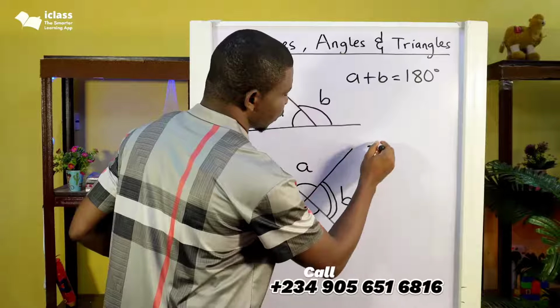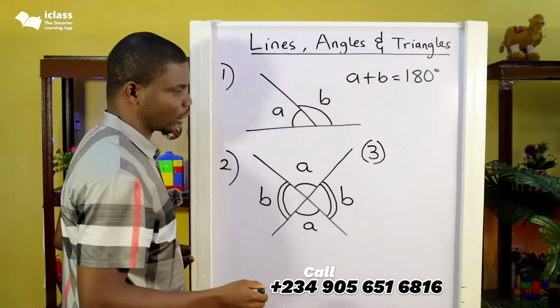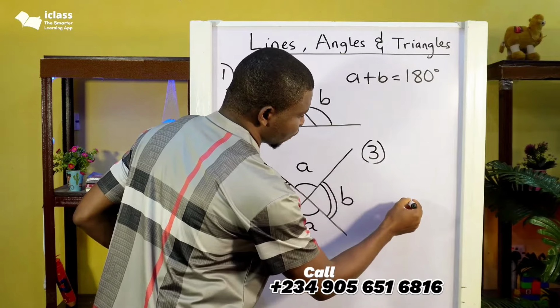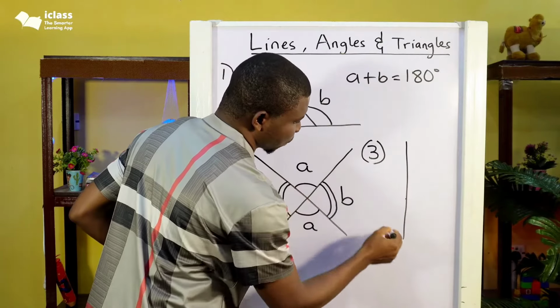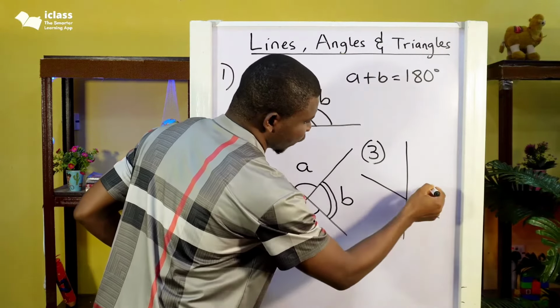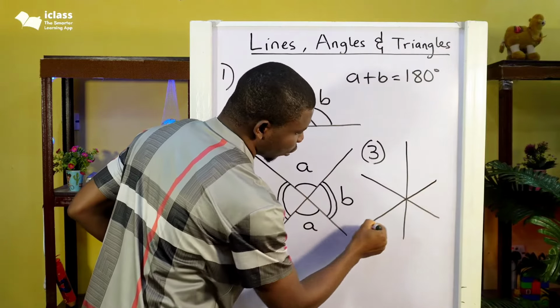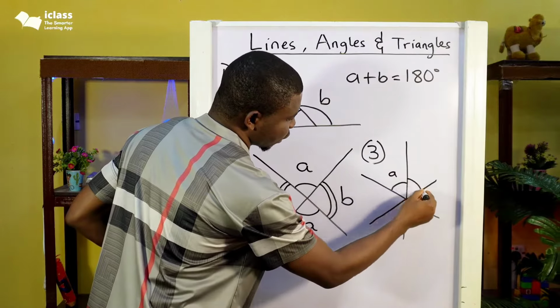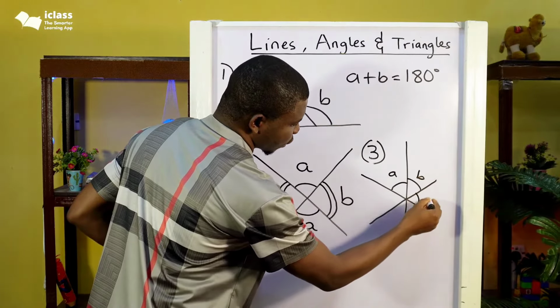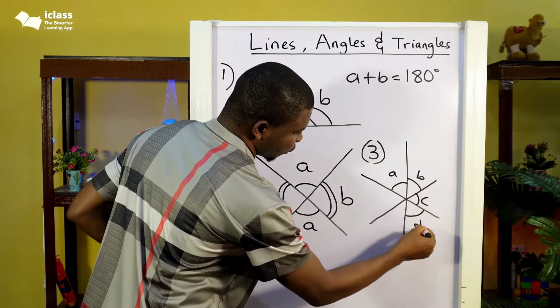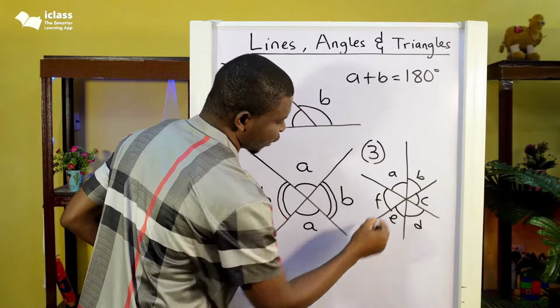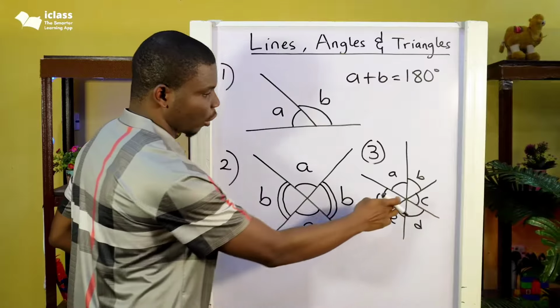The third type of geometrical angle that I will talk about is the sum of angles at a point. So if we have this point and then we have a number of angles on this point, let me label this as A, this as B, this C, D, E, and then F. So we have 6 angles on this point.